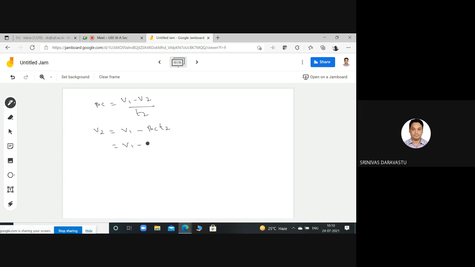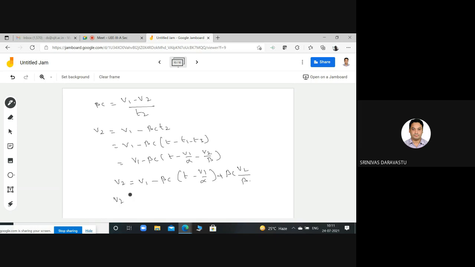So V1 minus beta C into T2 is nothing but T minus T1 minus T3, that equals V1 minus beta C into T minus T1, which is V1 by alpha, minus T3, which is V2 by beta.